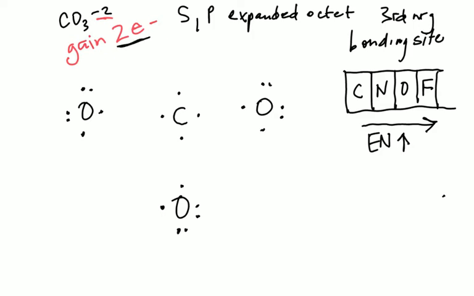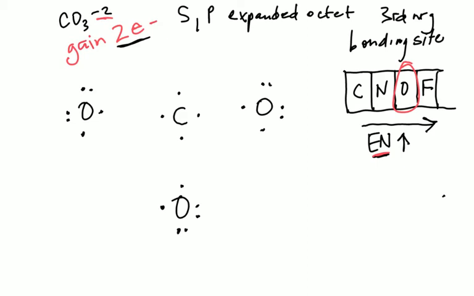So let's look at the idea of electronegativity. Electronegativity is the ability to pull or draw electrons towards the atom. When atoms share electrons, electronegativity plays a huge role in the direction in which the electrons get pulled. Between carbon and oxygen, oxygen will have the higher electronegativity, which means one of these oxygens is going to pick up that extra electron.